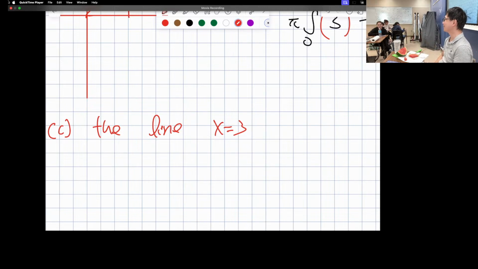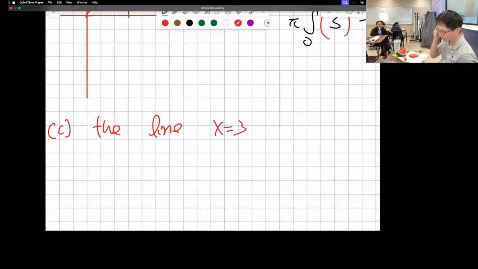That's not half a sphere. Hamburger bun is really accurate. That's a really nice job. Hamburger bun. Is this a disc or washer? It's a disc? Okay, we'll see. Did you guys find the equation?